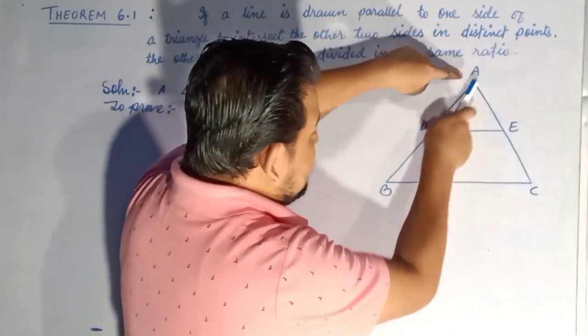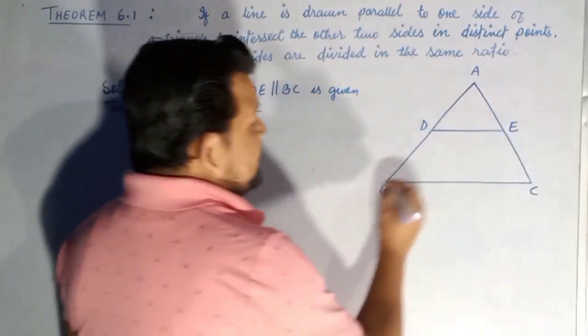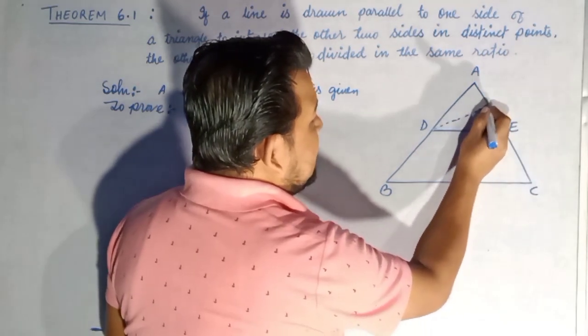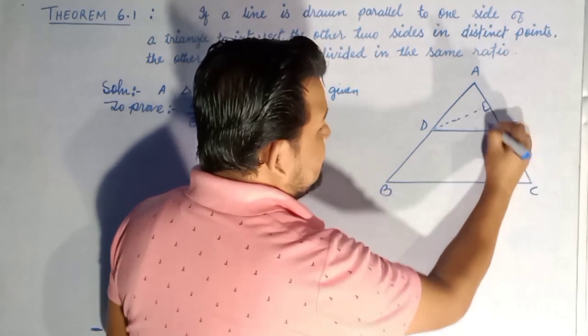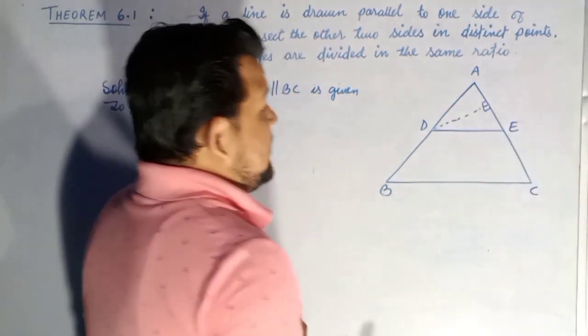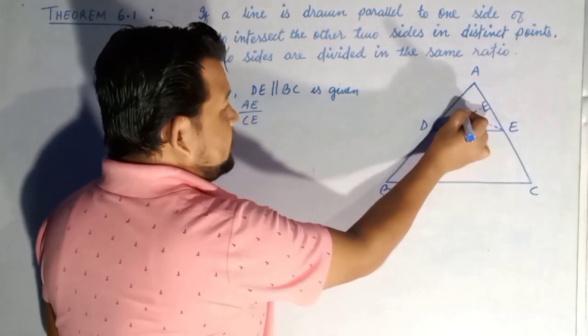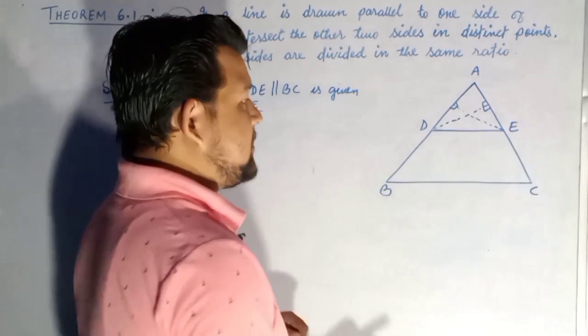Now one more triangle is formed, ADE. Am I right? Let us draw from point D one perpendicular to line AC, that means here it is 90 degrees. Also one more perpendicular, from E to line AB. Here also we have got one perpendicular.